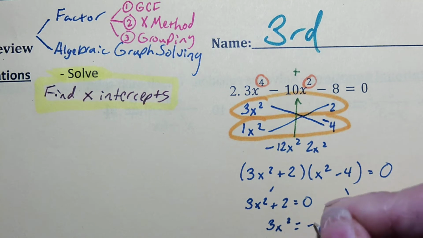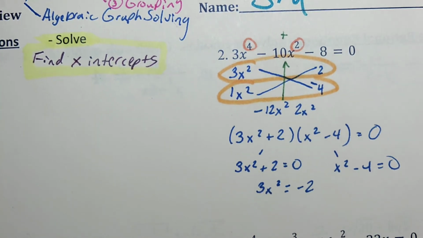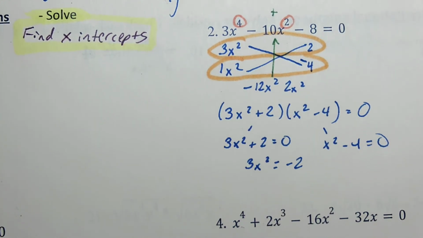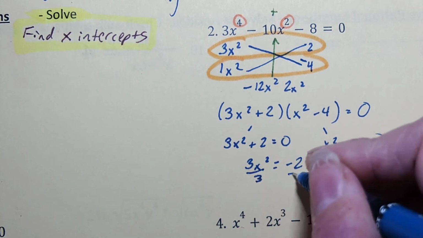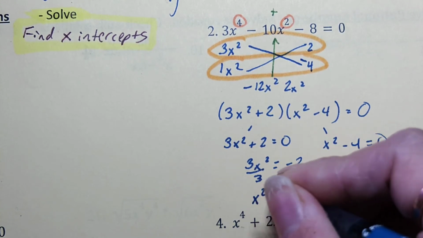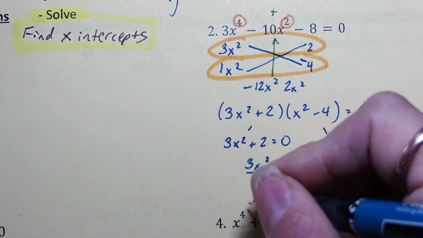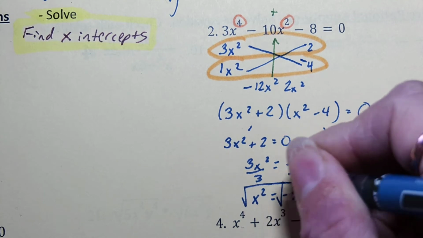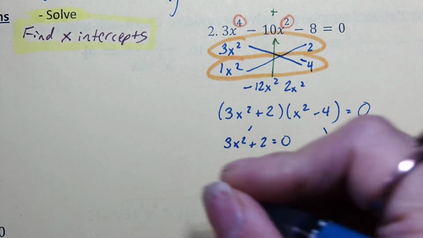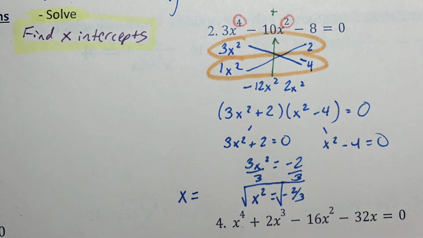3x squared equals negative 2. Notice how we're trying to isolate our squared term. Divide both sides by 3. How do I get that x all by itself? Or how do we get a single x instead of an x squared? Square root. So x is equal to, what's the first thing we need? Plus or minus, very good.